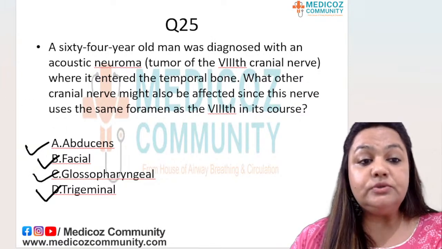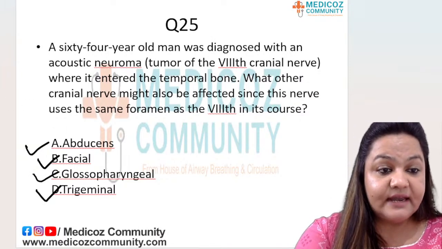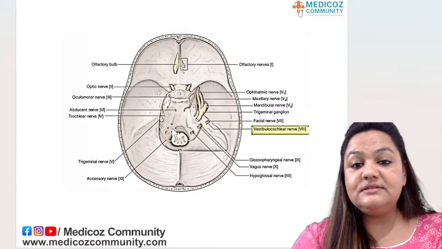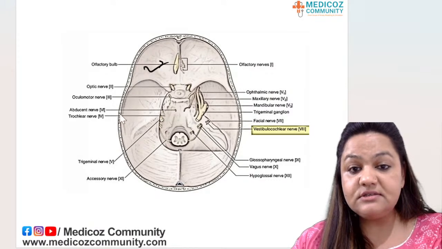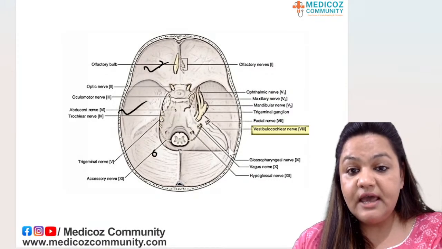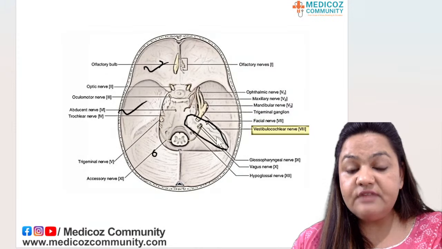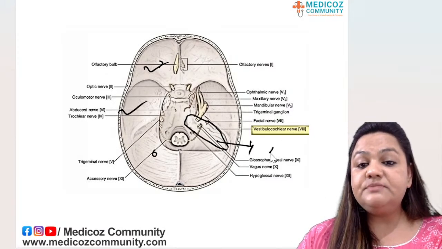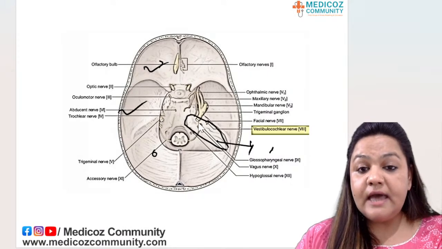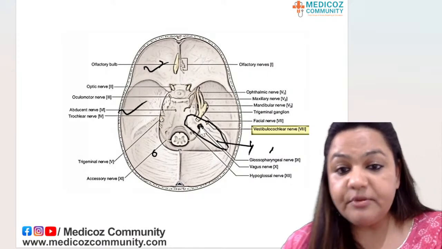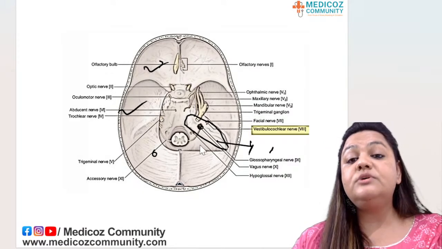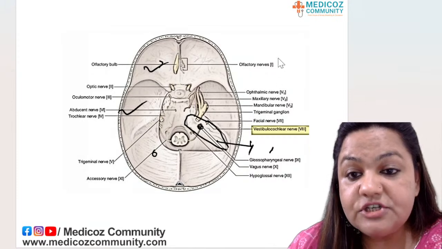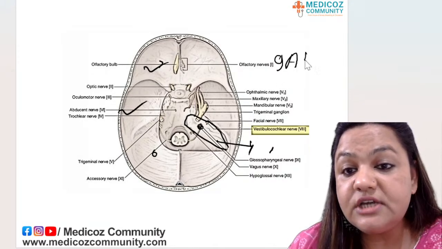So we just need to see this diagram here. You can see this is the anterior cranial fossa, this is the middle, and this is the posterior. Between the middle and posterior cranial fossa, we have this bony part which is called the petrous part of the temporal bone, and the posterior surface of the petrous part, which is directed towards the posterior cranial fossa, has an opening called the internal acoustic meatus.